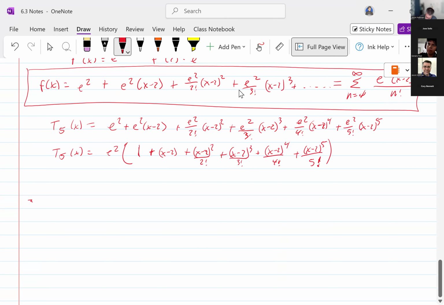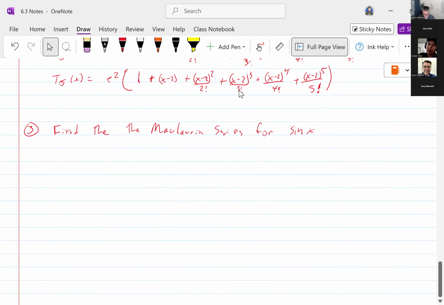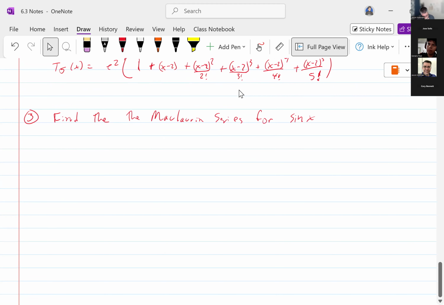And number 3. Okay, find the Maclaurin series for sine. Okay, let's find the Maclaurin series for sine. Okay, so f of x is equal to sine x.